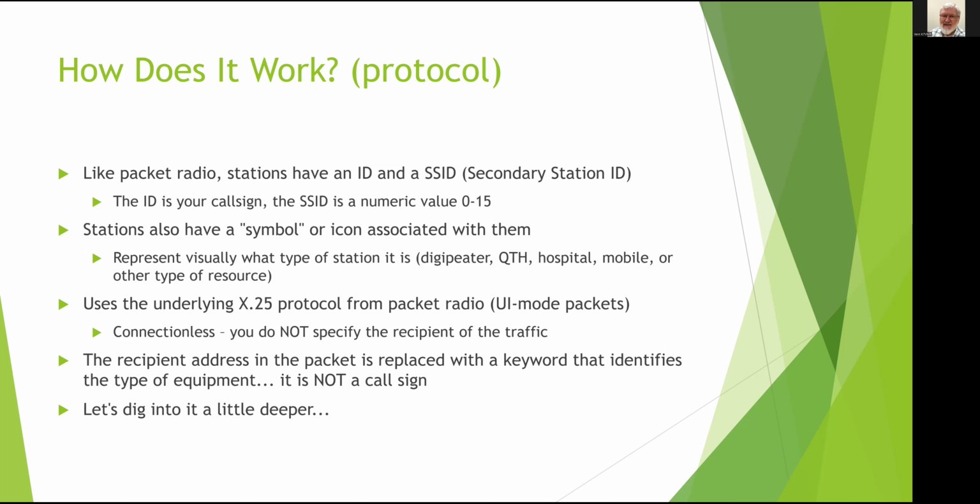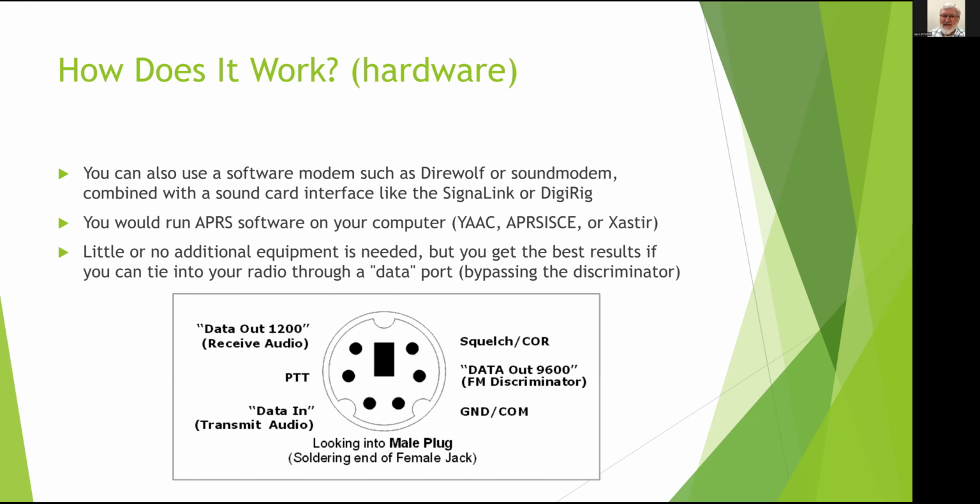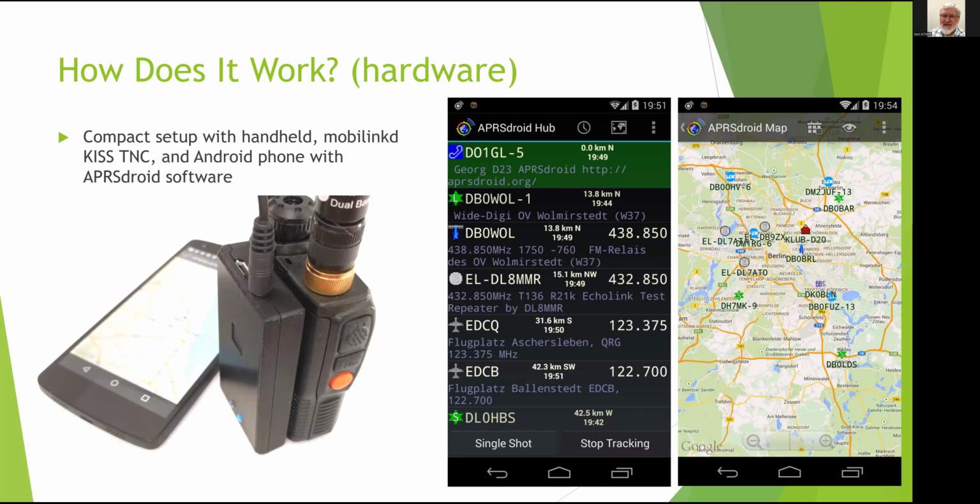The symbol I use on my D72 is a little icon of a dude running, or in my case, walking. So the symbol is kind of a quick visual representation that you'll see on the map. And if we go back to that picture here, you can see there's a little house here.